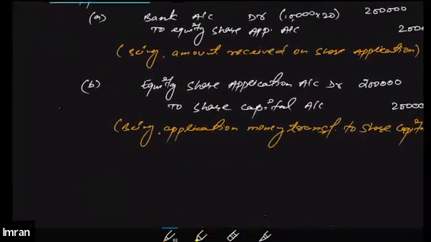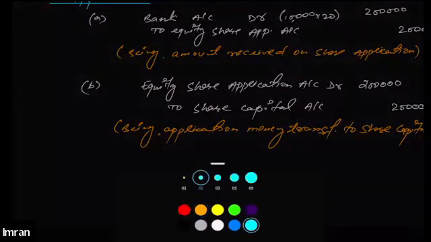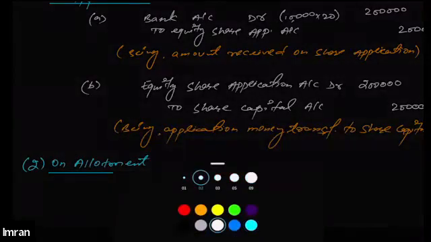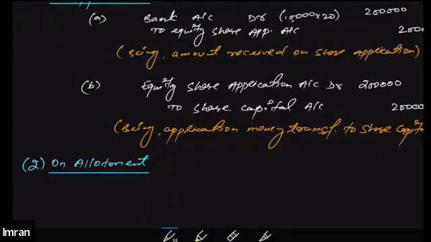For allotment, we need to pass the journal entry as well. On allotment, the journal entry will be just opposite. First, we need to pass the entry for the transfer of allotment to share capital, and then for the receipt of allotment money.